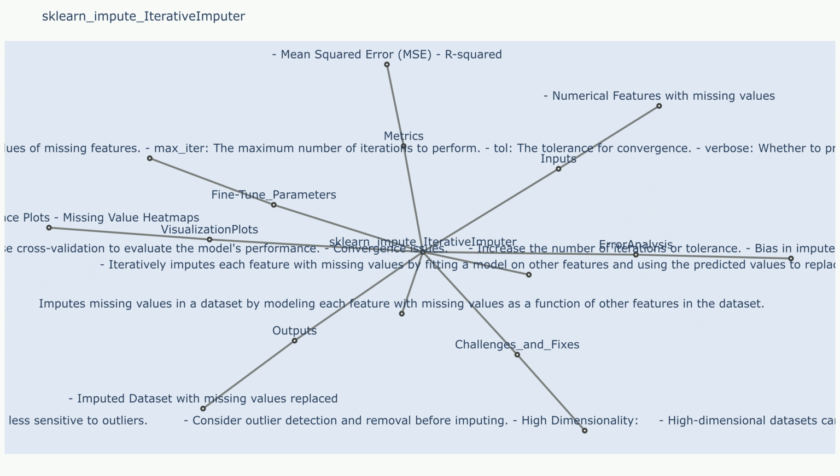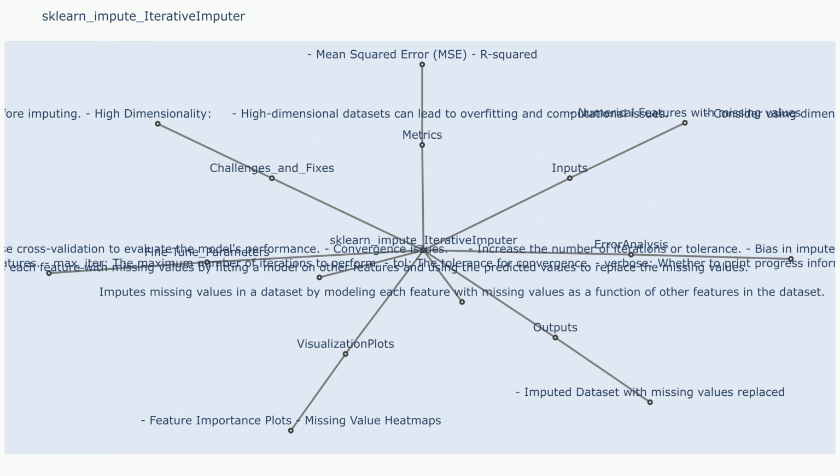The fitted estimator is used to predict the missing values in the current feature. The predicted values are used to replace the missing values in the temporary dataset. Convergence. The iterative process continues until a specified convergence criterion is met. This criterion could be based on the number of iterations or the change in imputed values between iterations.